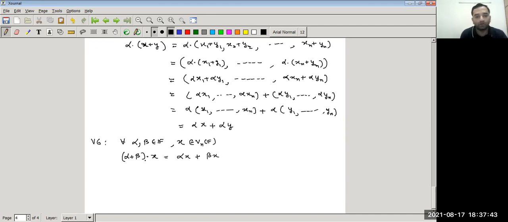So you have to prove this. You can take alpha plus beta, this is a scalar. x you write as x1, x2, xn. The scalar product of a vector is already defined, so you can define the operation and simplify this, and you get this. So you try to prove V6.